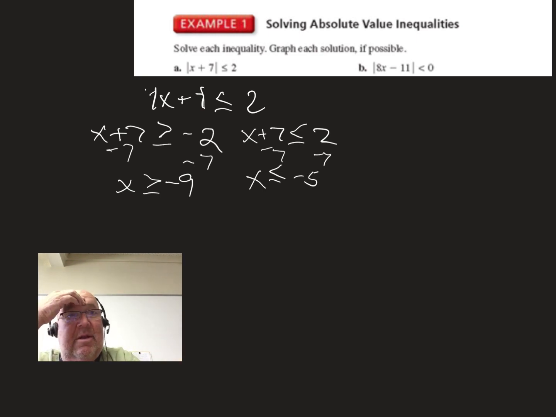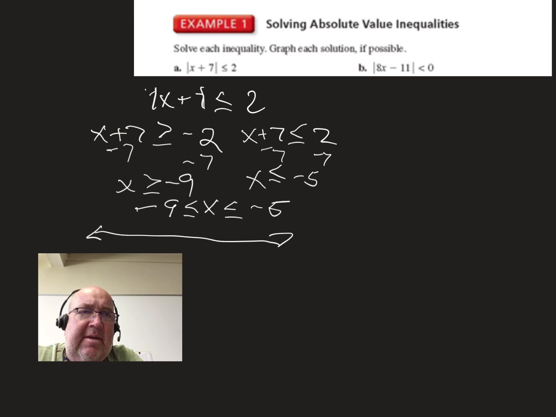So if I want to write that again, I can go negative 9 is less than or equal to x, x is less than or equal to negative 5. Put that on a number line. Negative 9, negative 5, two closed circles, line connecting.